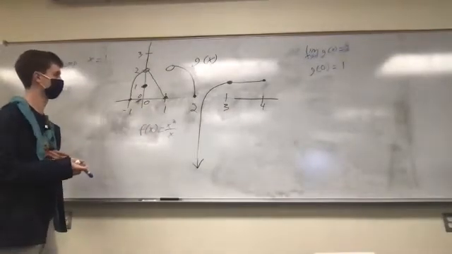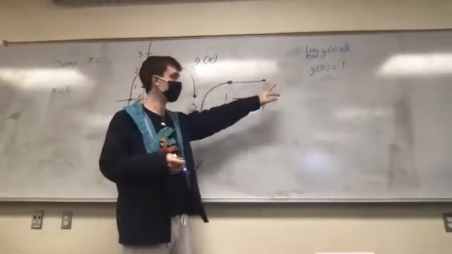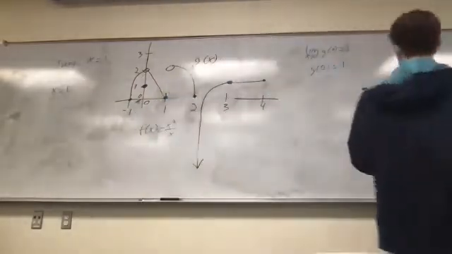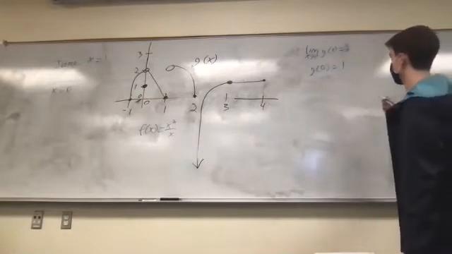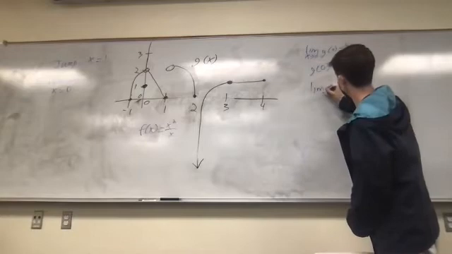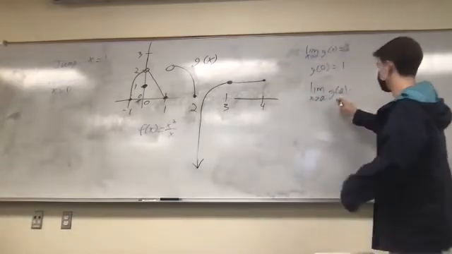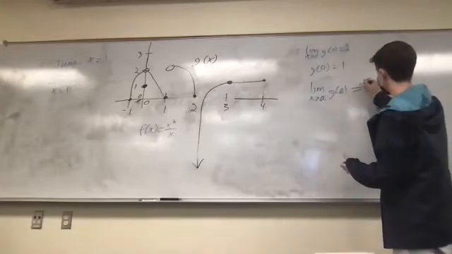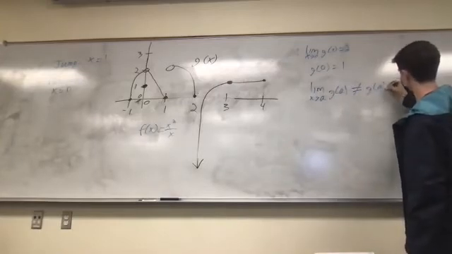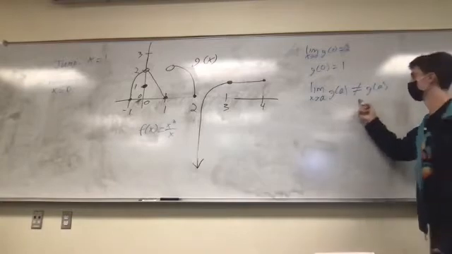Yeah, perfect, for sure. So this specifically can demonstrate what it means to have a removable discontinuity. So if we say that the limit as x approaches a of g(x) does not actually equal g of a, then that implies that there's a removable discontinuity there, right?